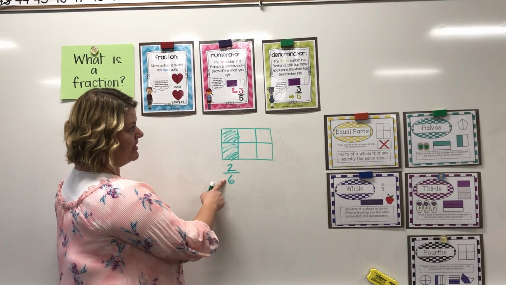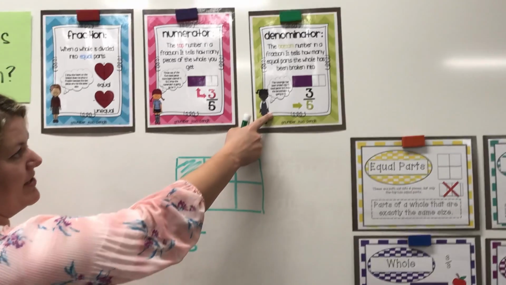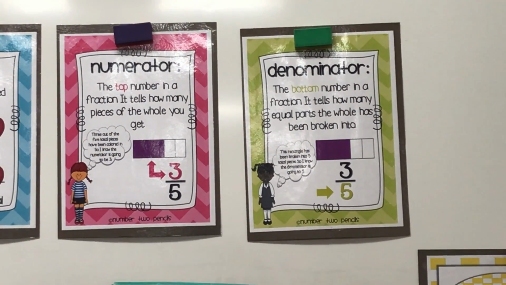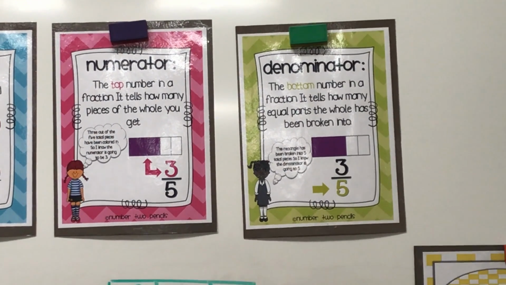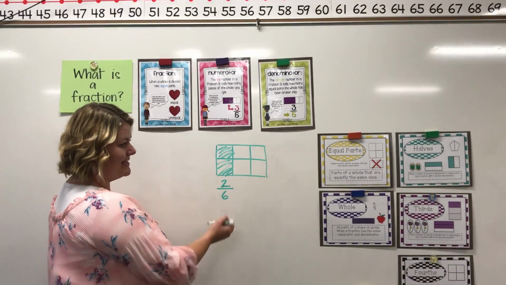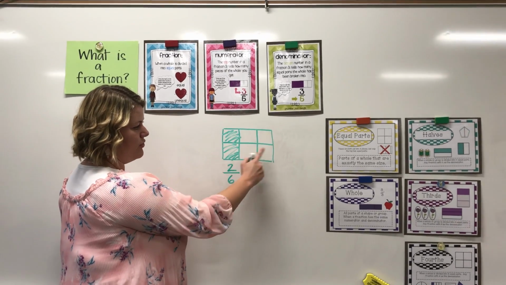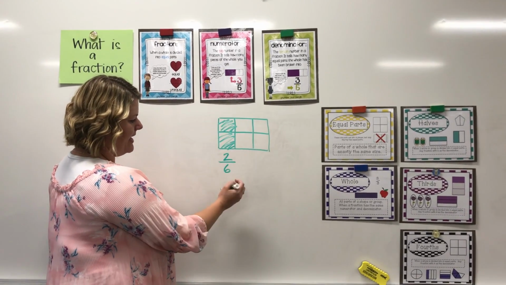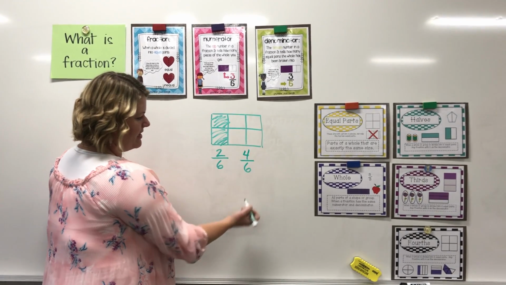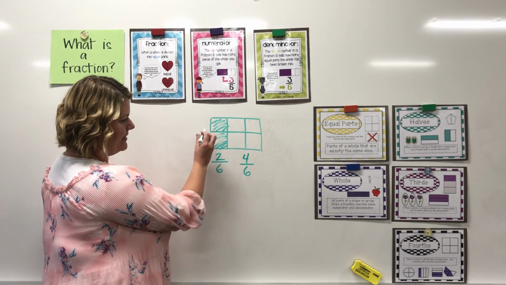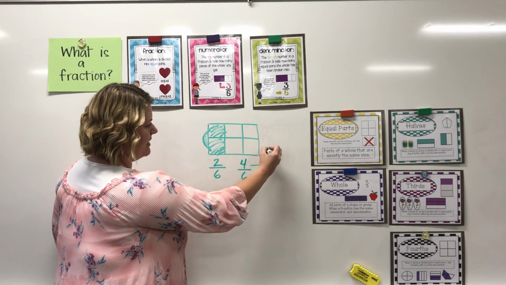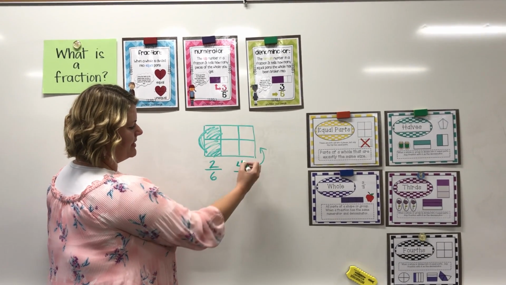The denominator is the bottom number in a fraction, and it tells how many equal parts the whole has been cut into. So in this case, my denominator is 6 because I have 6 total pieces. And notice that depending on what I'm talking about, the numerator changes, because here we're talking about the shaded parts and here we're talking about the unshaded parts.